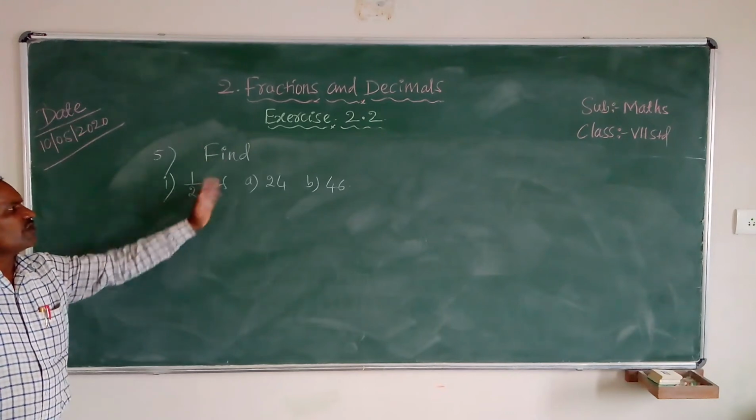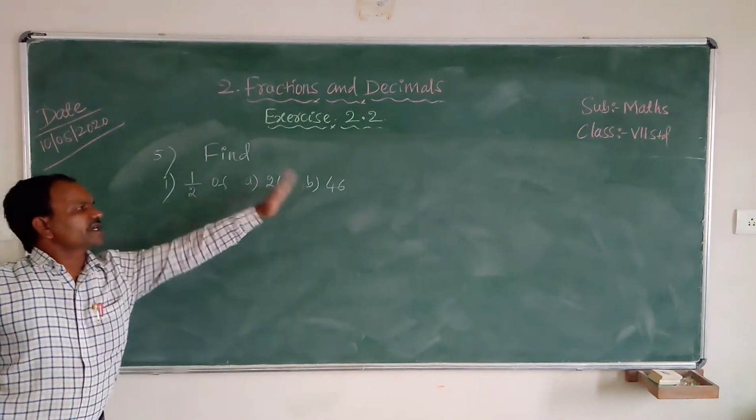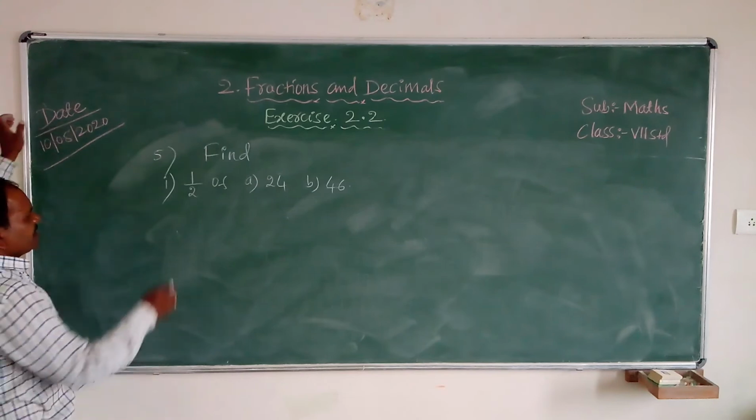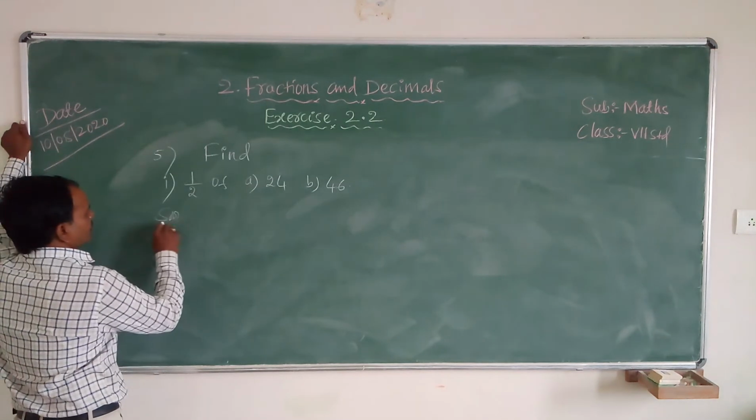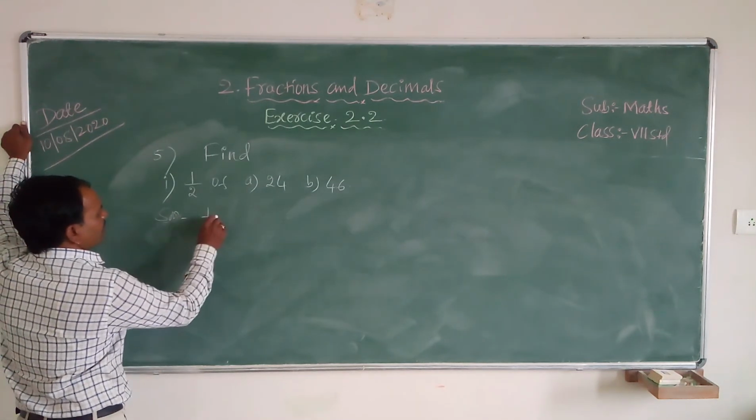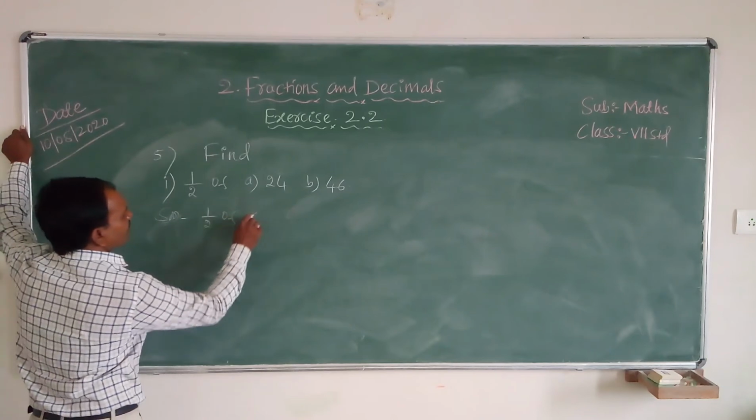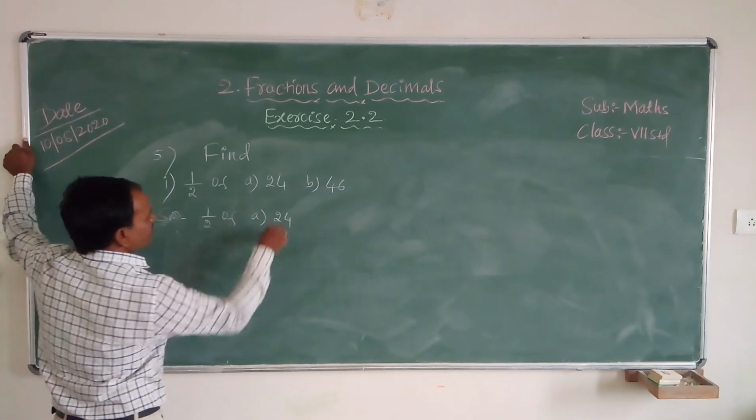Find 1 by 2 of first A, second B. Very simple, my dear students. See, concentration. So 1 by 2 of A: first you take 24.